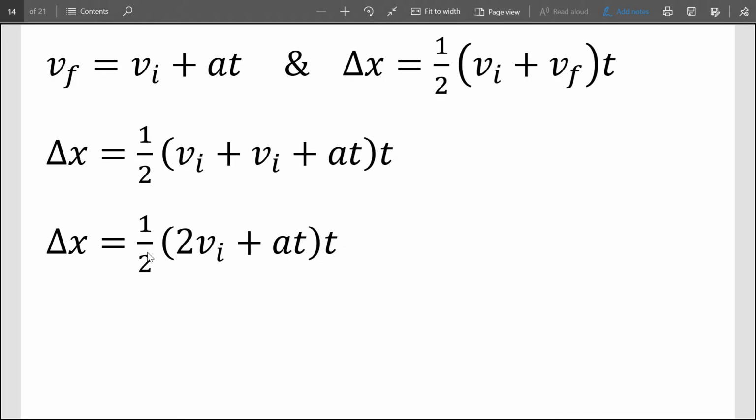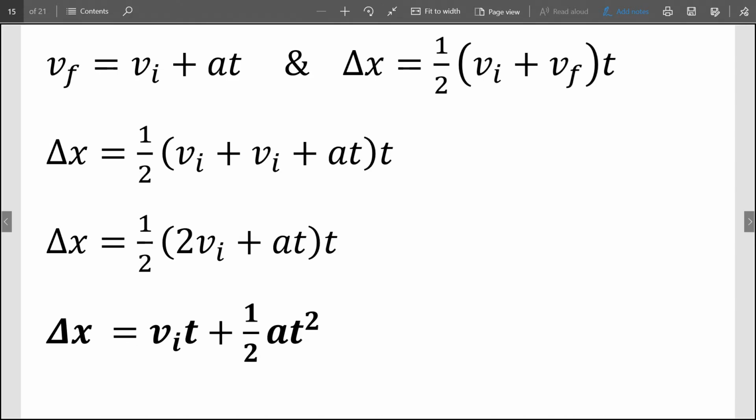So I multiply this part inside the parentheses by 1/2 t, and what I get is, the 1/2 times 2 leaves me with v sub I times t, VIT, and then 1/2 AT squared.